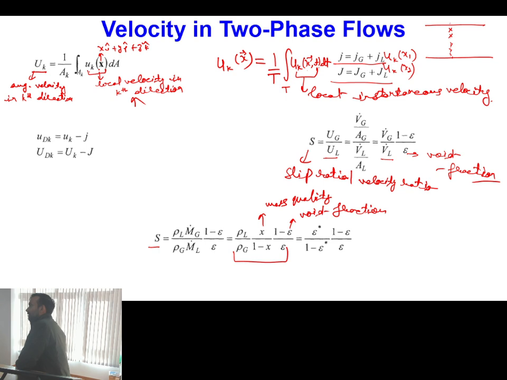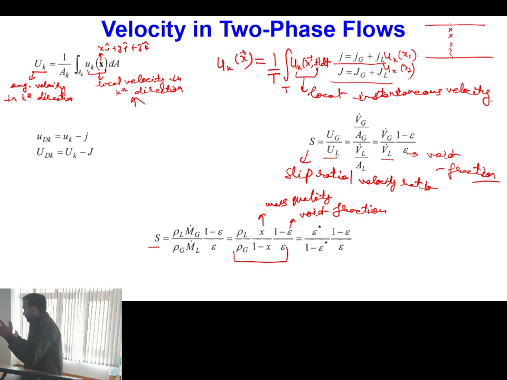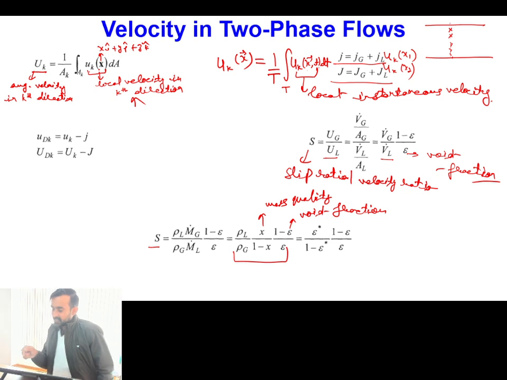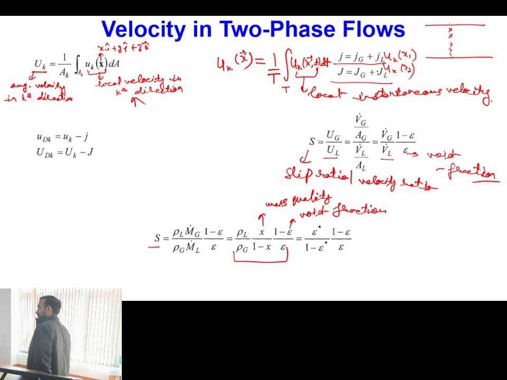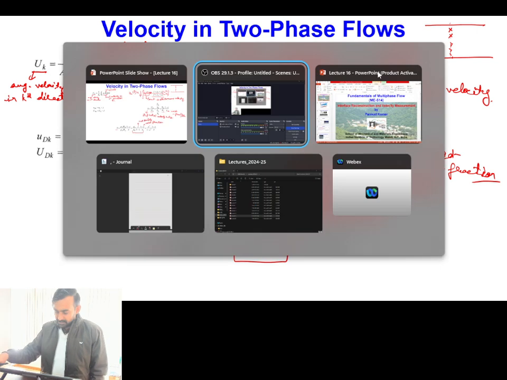But if your flow is very random and at each and every time you record the value of velocity, that becomes the local instantaneous velocity, and in that case you have to write u_k as a function of x bar comma t. Are all clear with this idea? Okay, so maybe I'll stop at this point and we'll discuss further in the next class.